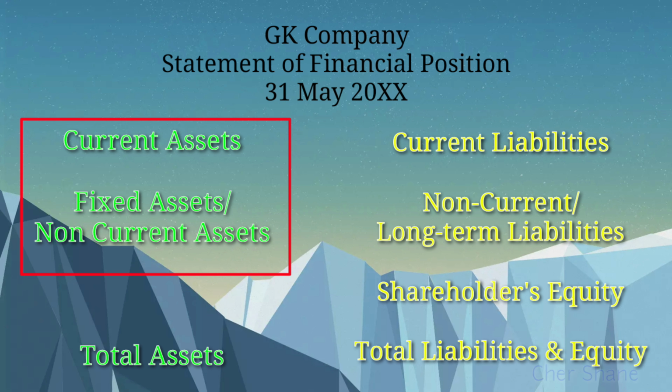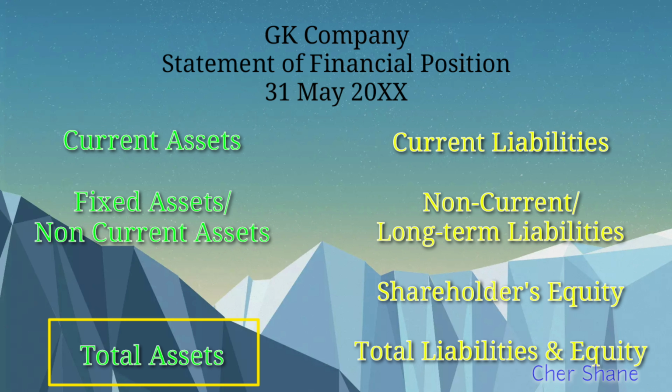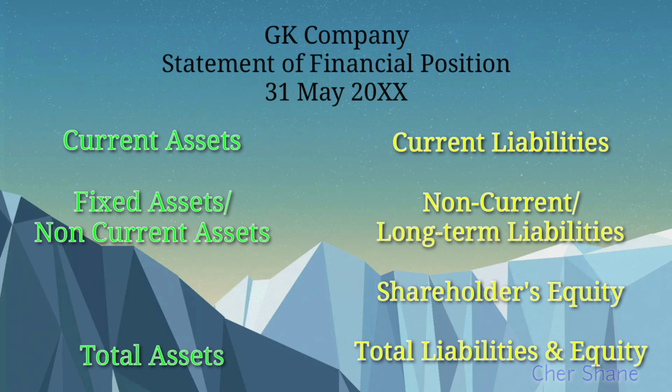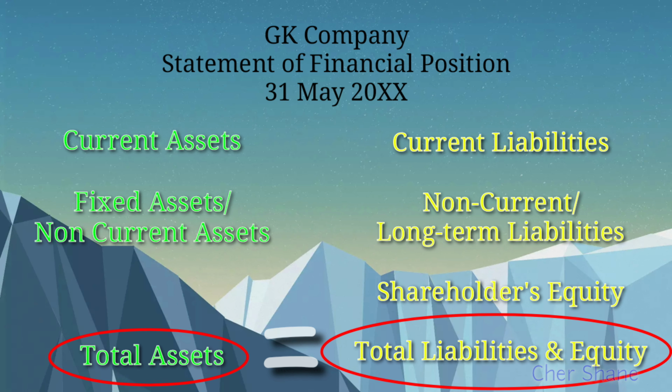The current assets and fixed assets are combined and labeled as total assets. On the right side are the claims on those assets: current liabilities, long-term debts, and shareholders' equity. The fundamental equation of this statement of financial position is total assets must be equal to the sum of total liabilities and shareholders' equity.